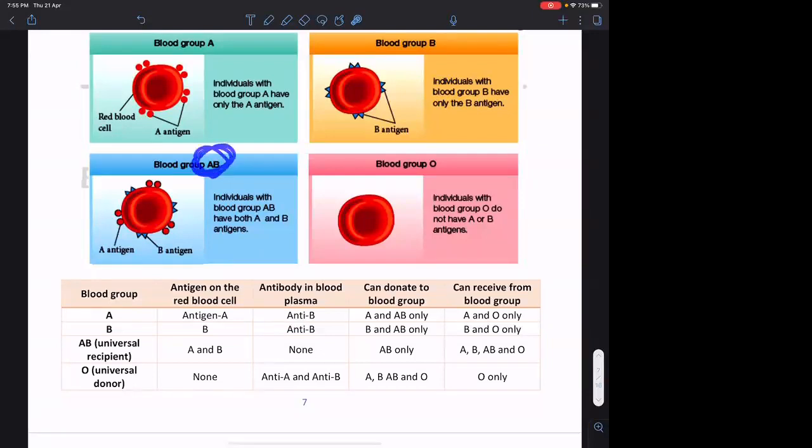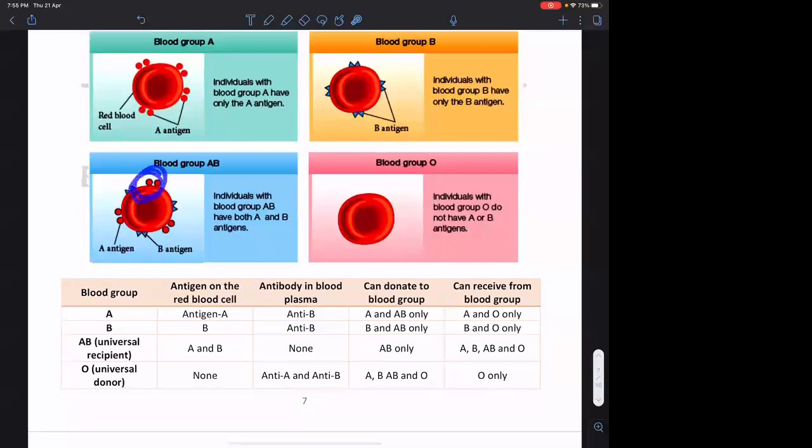Let's say now you're group AB, your white blood cell can recognize round shape, they can recognize this triangle shape. So you're okay with both. If I give you blood group A, you are okay because you can recognize round one. If I give you blood group B, you are okay also because you can recognize triangle one. So blood group AB is the untung one because they can get blood from anyone.